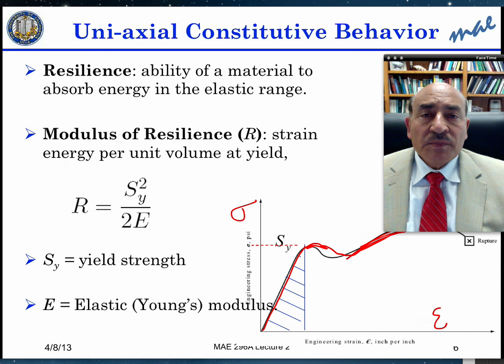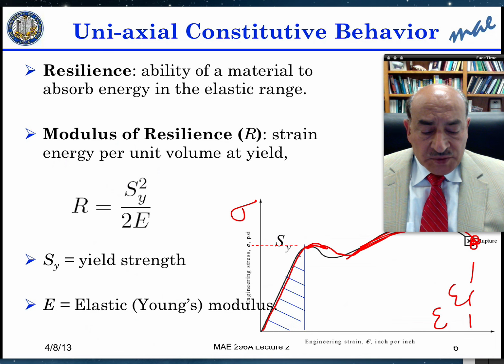This is hardening because you need to increase the stress to continue increasing the strain. And then finally you get rupture when the strain exceeds a critical value, epsilon sub f, which is a failure strain or a rupture strain at the end of the experiment.